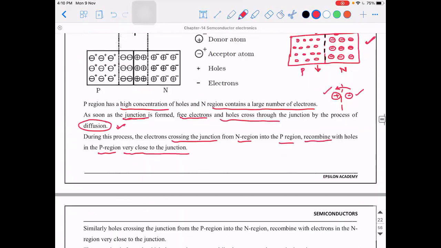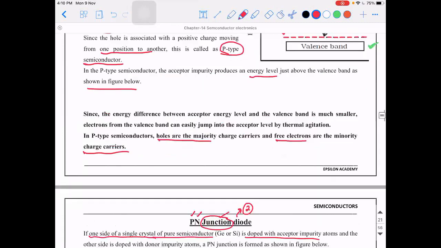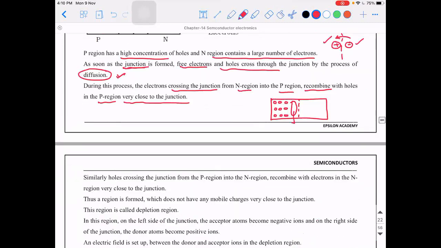So when this is going to happen, let's see what is going to be the intermediate step. I can say holes will be here. And here, what will you have? This region will be what? The region which I've drawn, is it going to be positive, negative, or neutral?